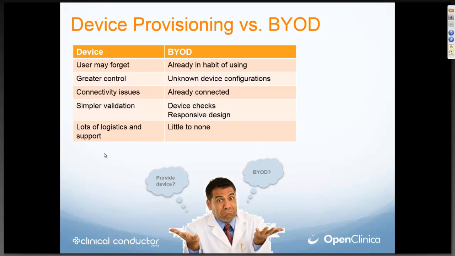In provisioning situations, you are going to have many more connectivity issues with your users than in BYOD settings, where the user is already connected, they already have their device. You may want to remunerate the patients for use of their data plan, but that's something that can typically be easily addressed.